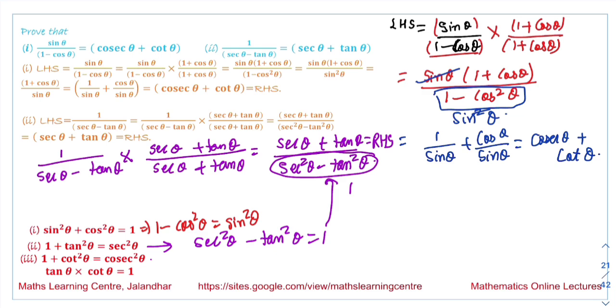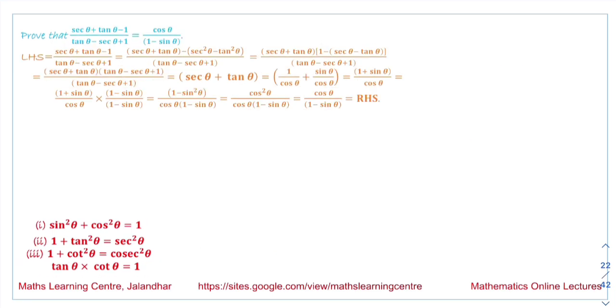Now next in this question, the LHS that is given to us is of the form secant theta plus tan theta minus 1 over tan theta minus secant theta plus 1.